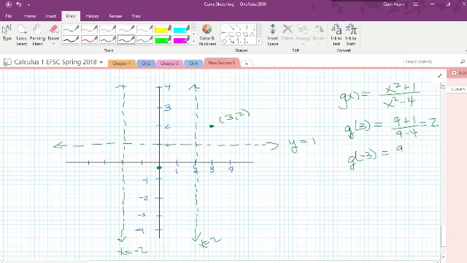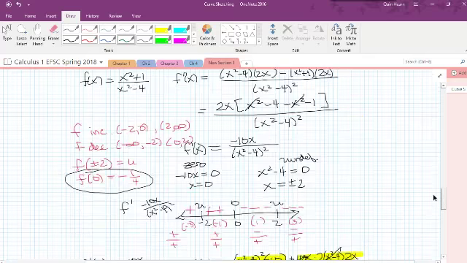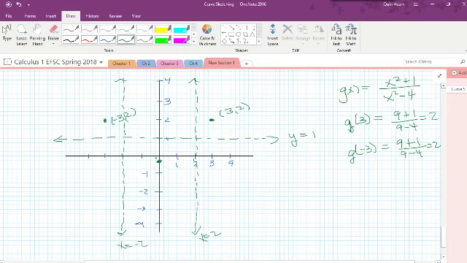So let's plot the point 3, 2, just so we have a frame of reference. And then maybe on the other side do negative 3. g of negative 3 is also going to be 9 plus 1 over 9 minus 4 equals 2. That worked out nicely. All right, so negative 3, 2.